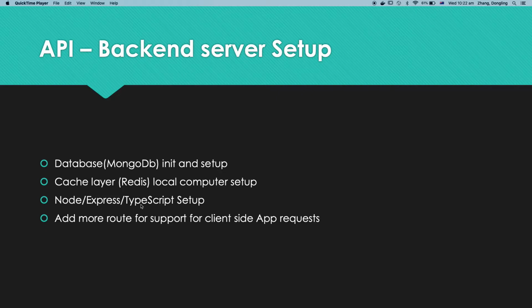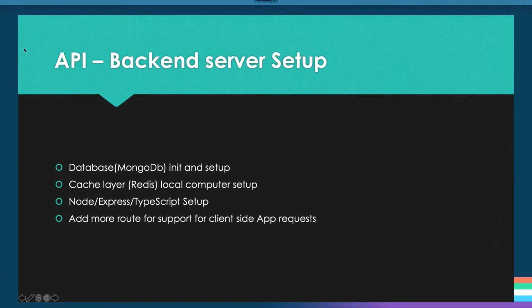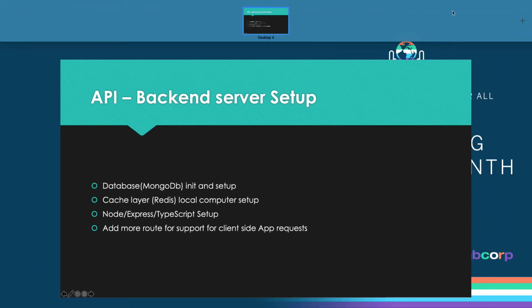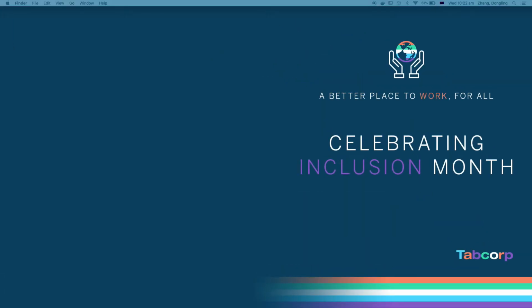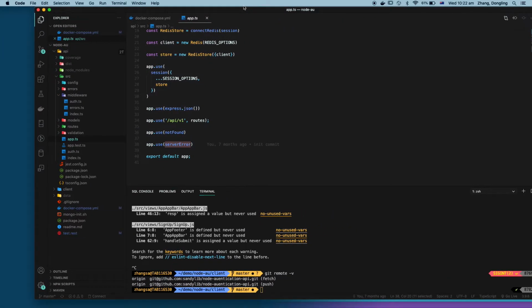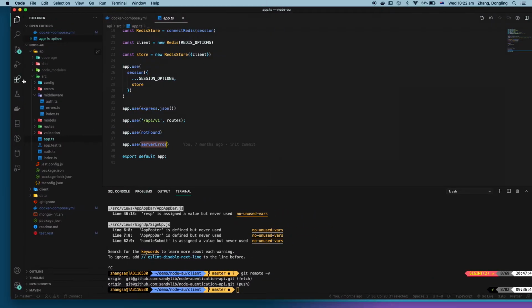Before I start our tutorial, I'm going to just showcase the current stage. So I have this code in my local. I'm going to have two projects.